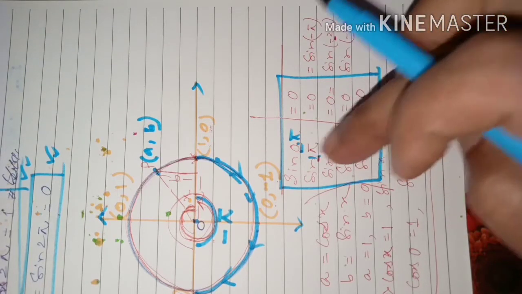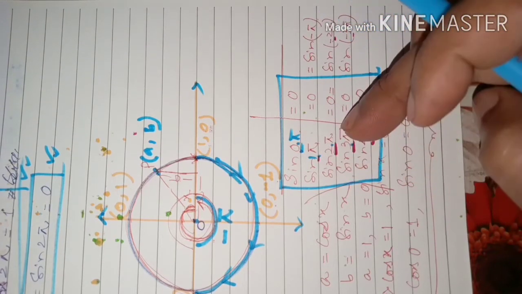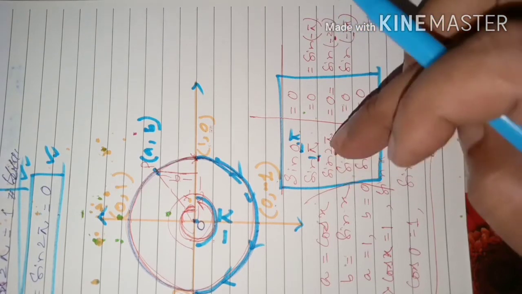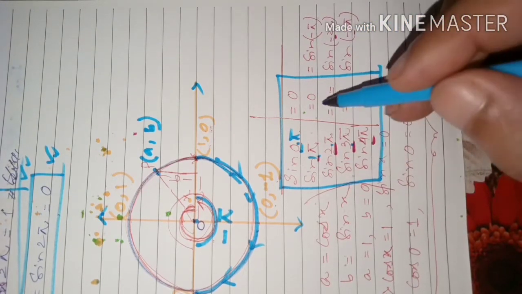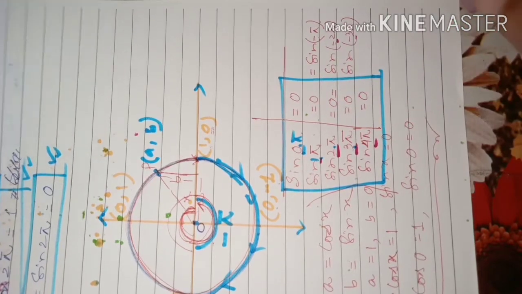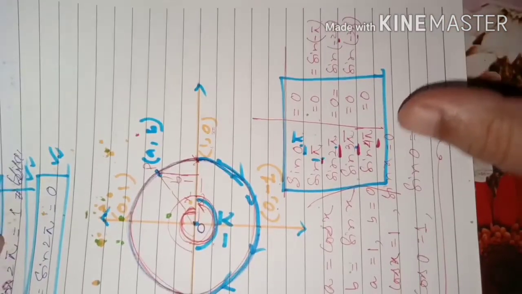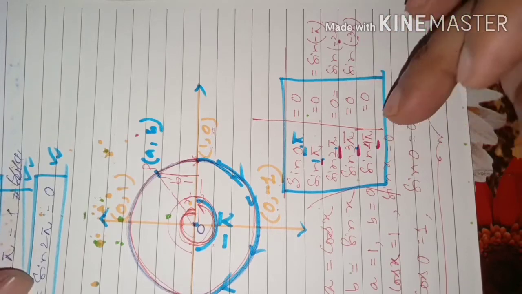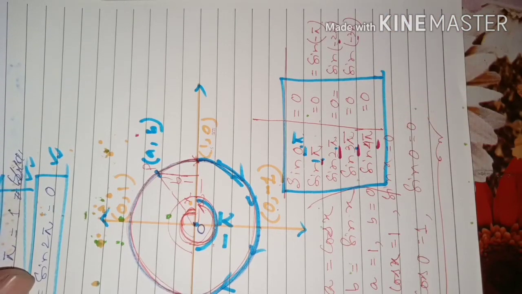For integral multiples of pi, sin of the angle will be always 0. That is our conclusion.